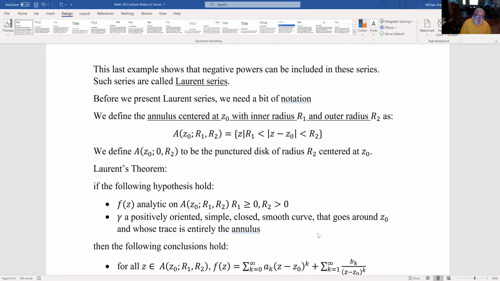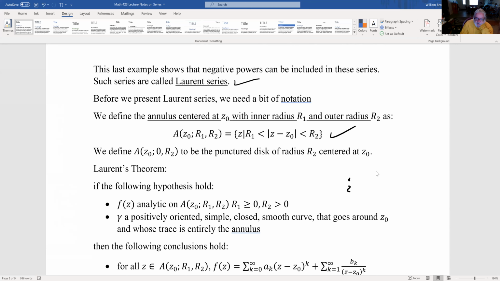And if we use negative powers, they're called Laurent series. And so we need a little bit of notation here before we present Laurent series. An annulus centered at z0 with inner radius r1 and outer radius r2 is defined like this.